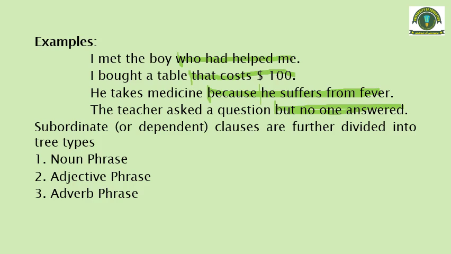So the first type of subordinate clause is the noun phrase, a phrase that begins with a noun. You remember the phrase is an incomplete sentence. But if a phrase begins with a noun, it is a noun phrase, then adjective phrase and adverb phrase. We will talk in detail about these types of subordinate clause in the next slide.